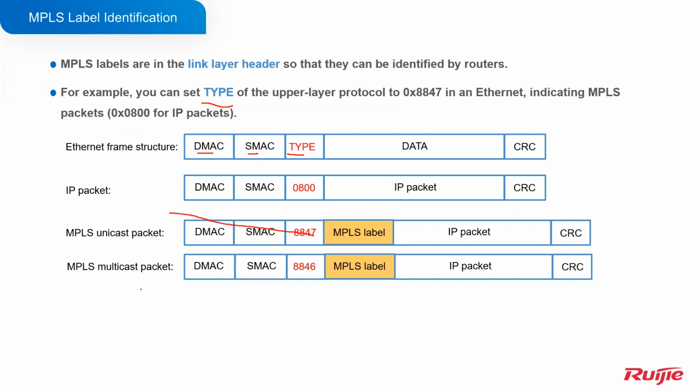Now we know the structure of the MPLS label. Then we have to know who will help us assign the label, because only the network devices hold the label information, and then forward the message according to the label forwarding plan.